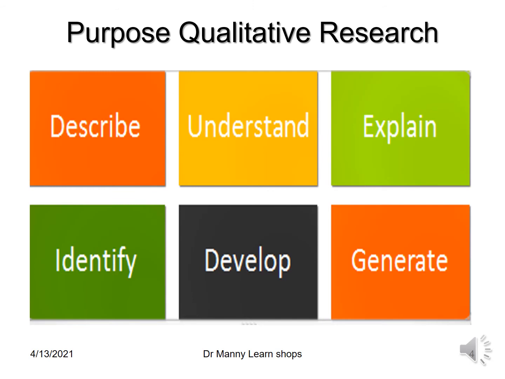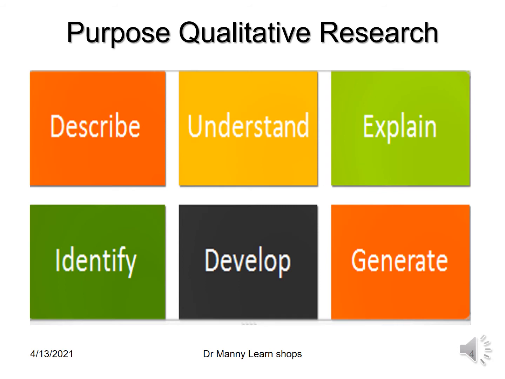In qualitative research, the rationale is essentially to describe the perceptions and the experiences of the participant. And then you, as the analyst, as the researcher, try to understand what they're saying to you, and then you explain.